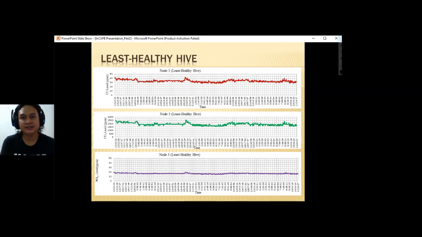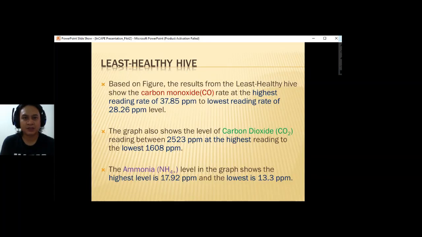Here is the least healthy hive graph. CO highest reading is 37.8 ppm, and the lowest reading is 28.2 ppm. CO2 highest is 2523 ppm, and the lowest is 1608 ppm. NH4 highest level is 17.9 ppm, and the lowest is 13.3 ppm.